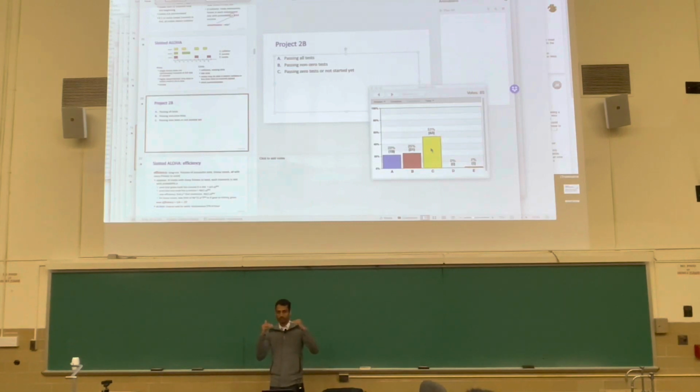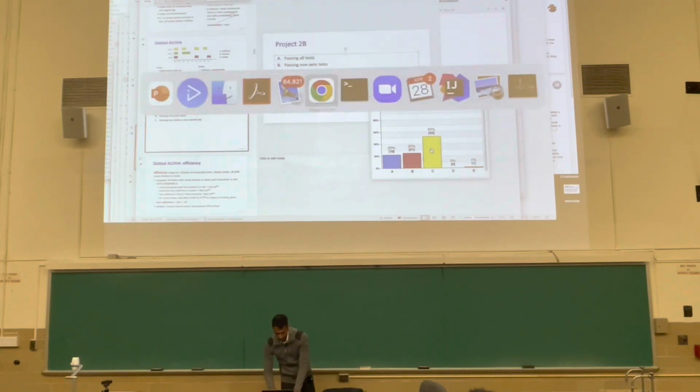Compare two submissions, one of which passes 15 tests, another passes, let's say, 13 tests. No matter how fast either one of them is, this one dominates. If two submissions both pass, let's say, 14 tests, then the speed metric comes into play. So part B is both correctness and speed, and this is all explained.